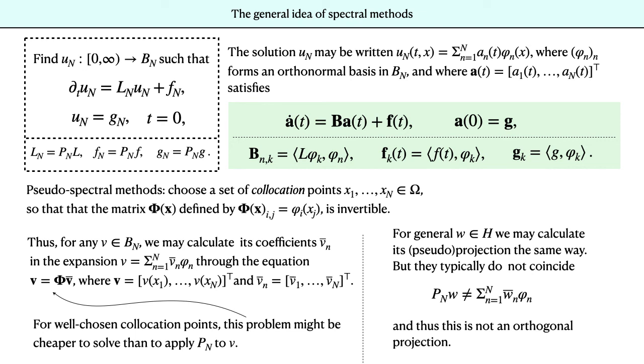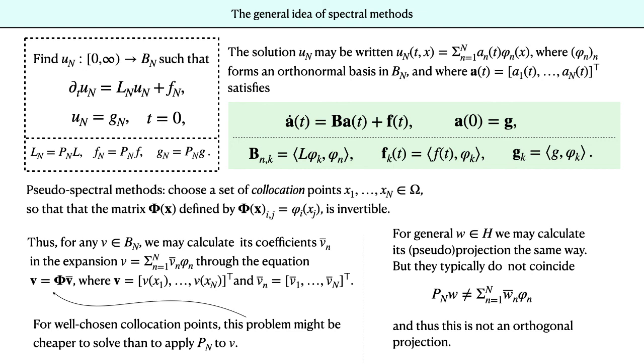So you use the same matrix equality, but you plug in the values of W at the collocation points, not the values of its projection. So typically you might not get the exact projection, but you might not be very far off.